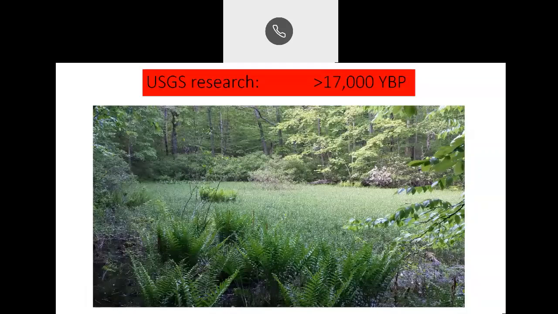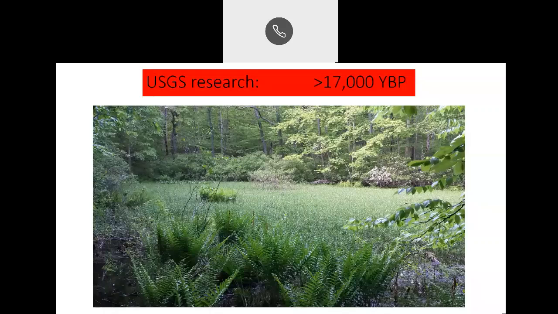In recent years, I've been collaborating with a research team of the U.S. Geological Survey, and they have repeated soil core studies of this pond, and the pollen record there confirms that it is more than 17,000 years old.